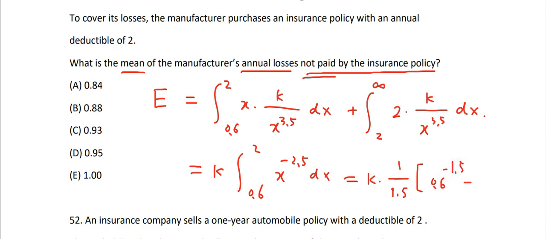So minus 2, negative 1.5 power. Okay. So then just check this. We take a constant outside, so this is just x to the negative 3.5. So integration, this part is also easy. Okay.